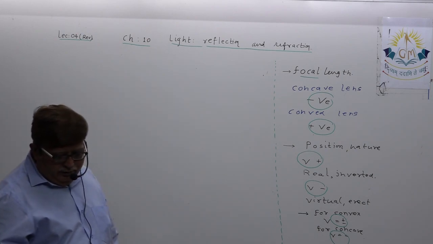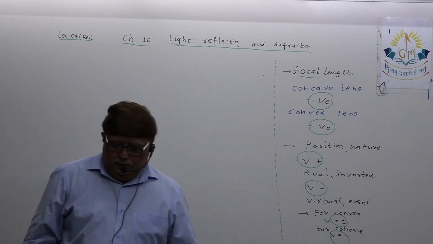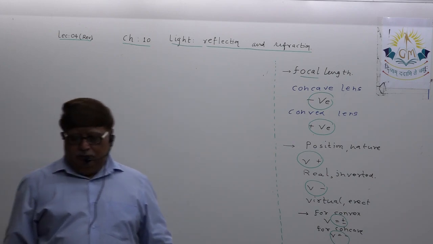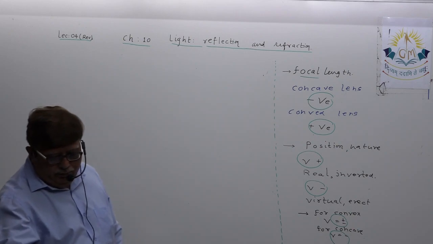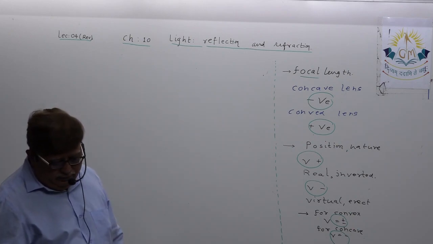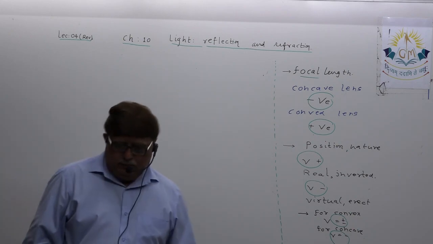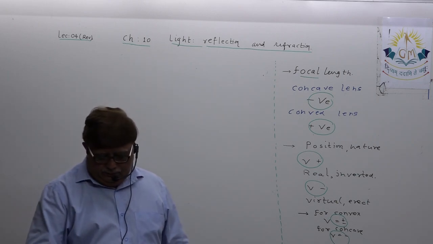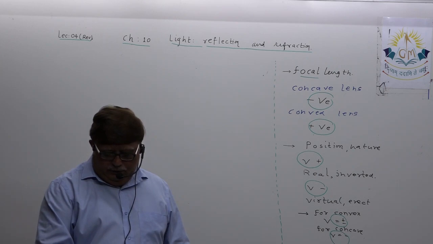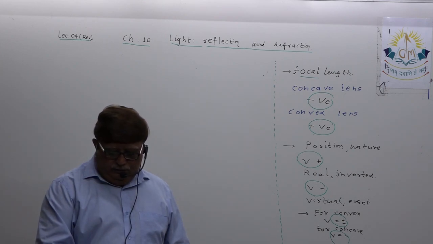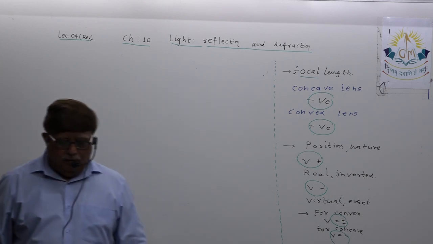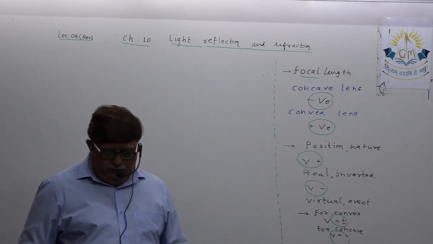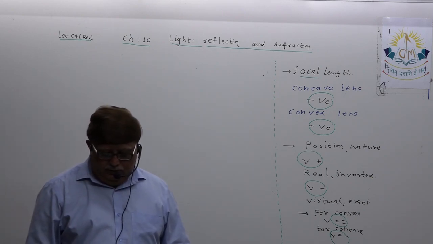Now you just read example number 17 from your PDF. See what is written there. A 2 centimeter tall object is placed perpendicular to the principal axis of a convex lens of focal length 10 centimeter.